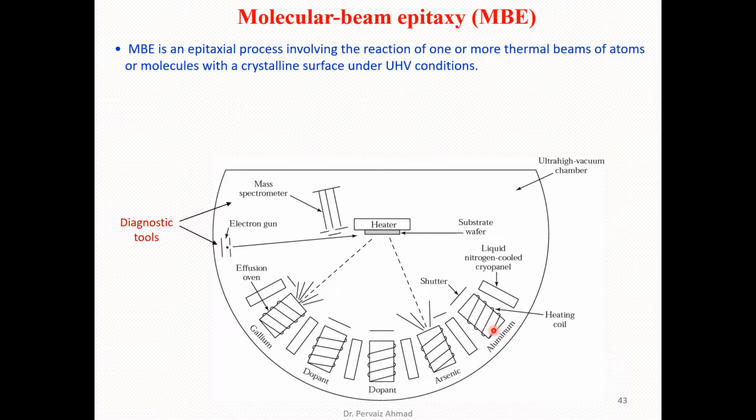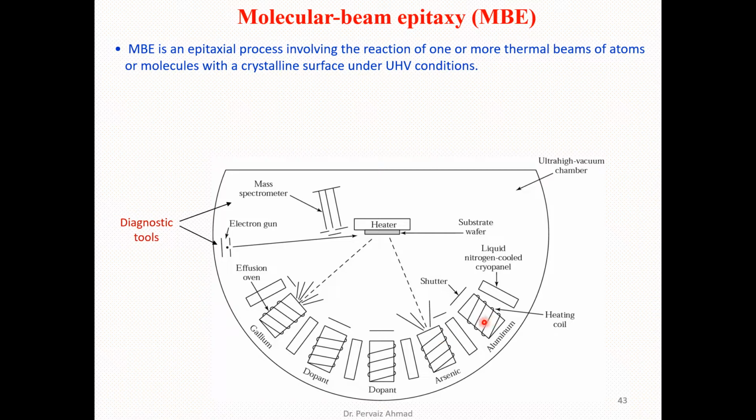In this particular process, we utilize three materials, or atoms, that is aluminium, arsenic, and germanium. Along with that we also utilize a few dopants, dopant first and dopant second. We utilize two dopants and three atomic materials. So this is why we say that MBE is an epitaxial process involving the reaction of one or more thermal beams of atoms.